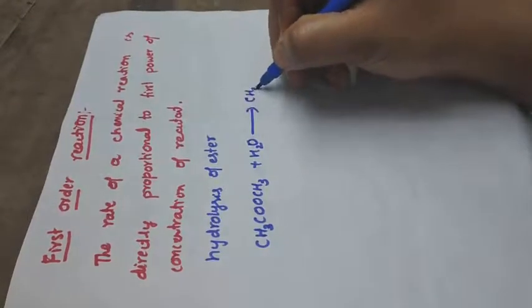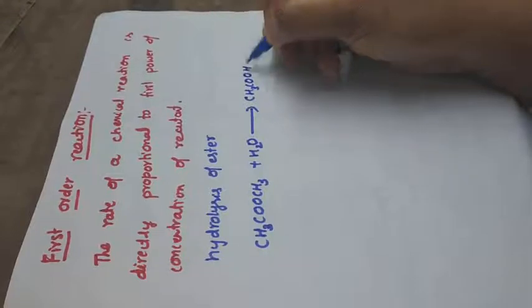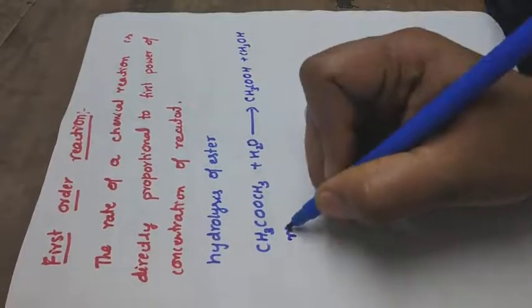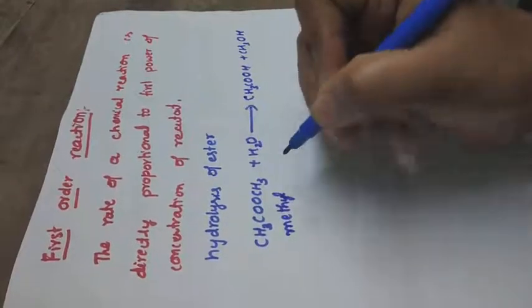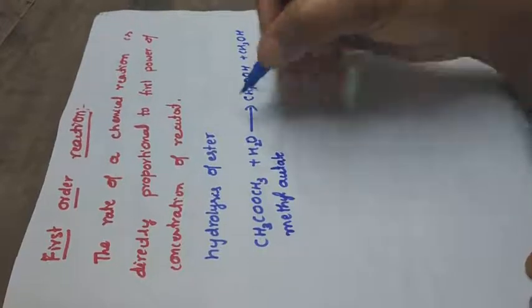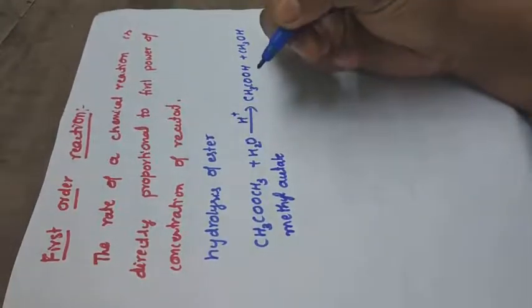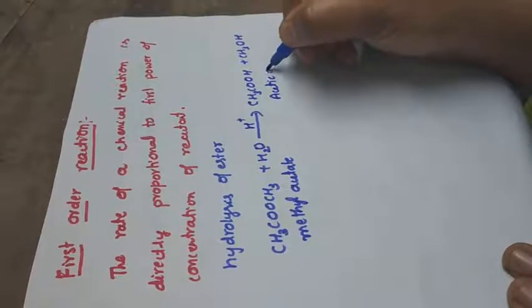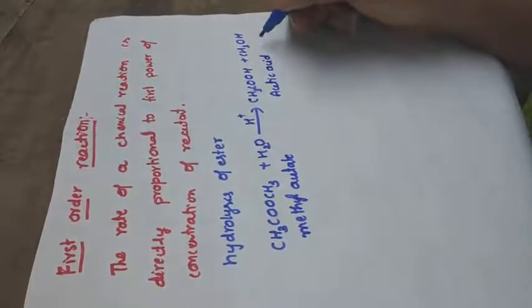So that gives CH3COOH plus CH3OH. Here this is methyl acetate, water in presence of HCl or H2SO4. So this gives acetic acid and methanol.